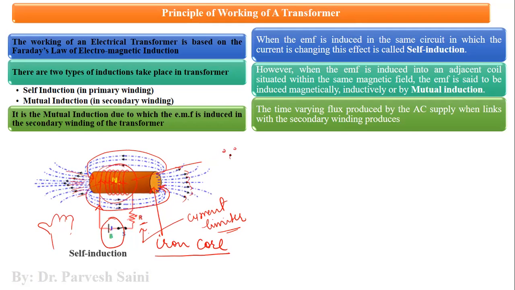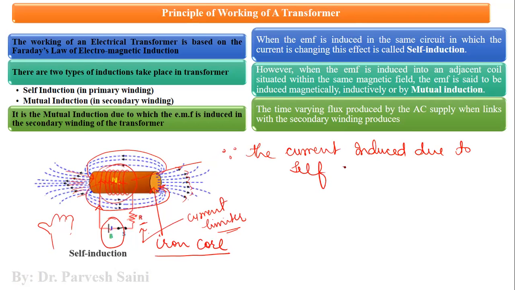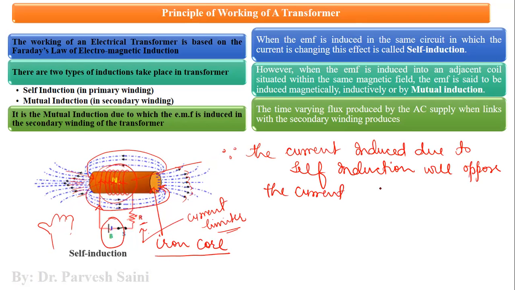Because the current induced due to self induction will oppose the current due to the main source.